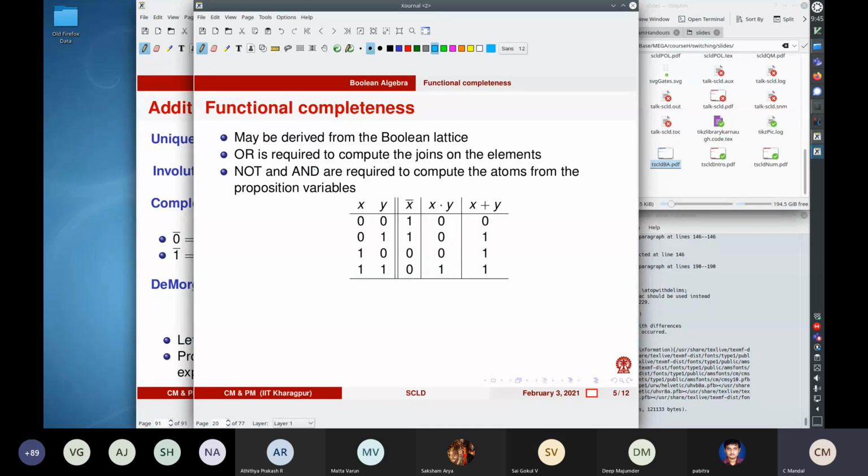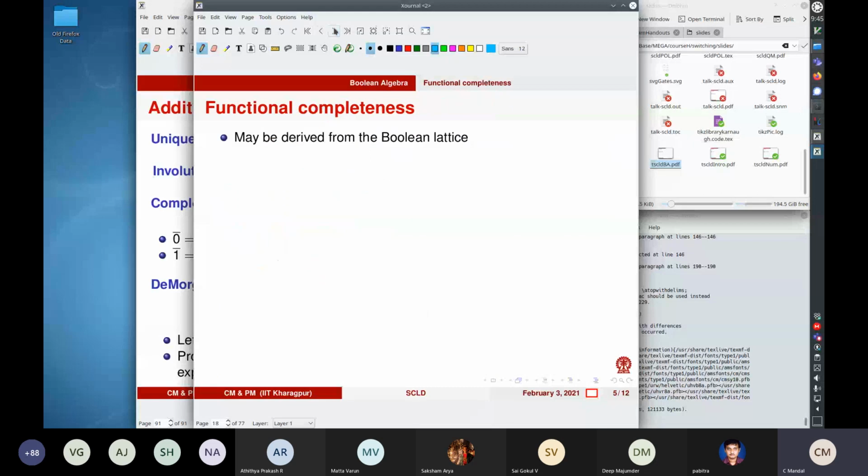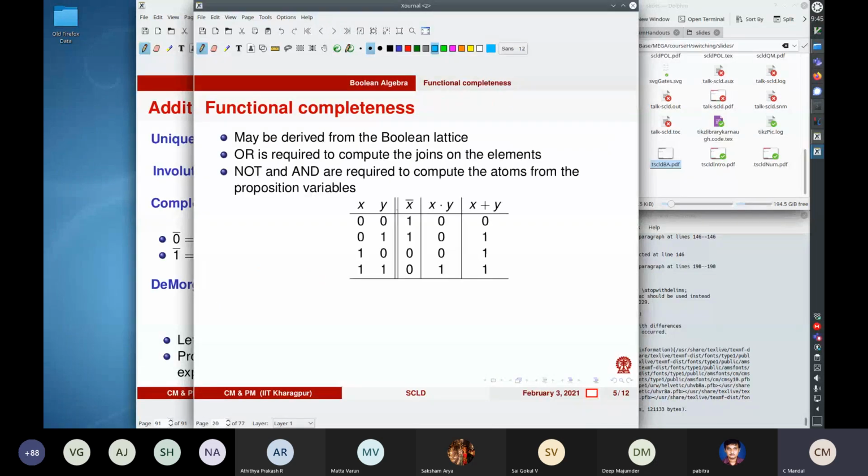So not and and, as you have seen, this not along with and is what you require to express any atom, and you can represent any element of the Boolean lattice as an irredundant irreducible sum of the atoms. So what you can see is that not along with and or, these form a functionally complete set. Using these operations, you are able to represent any element in the Boolean lattice.